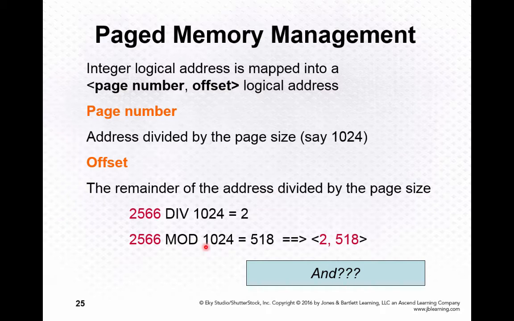But let's imagine that we're using division and modulus here. So 2566 divided by 1024 is 2, right? Because that would be 2048. And 2566 mod 1024 is 518. So if you wanted to get that page number and offset for the address 2566, it would be 2 and 518. So what, right?